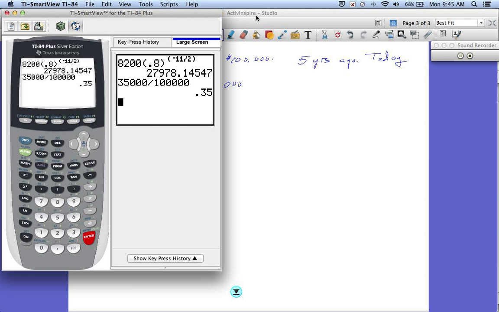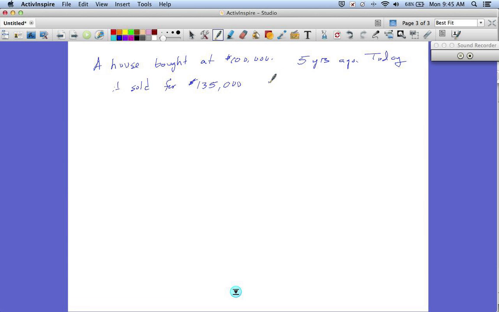We had a 35% increase over those 5 years. So logic would say, well, 35 divided by 5, so that's a 7% increase per year.